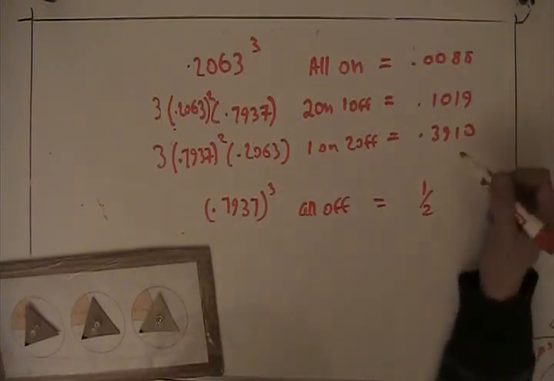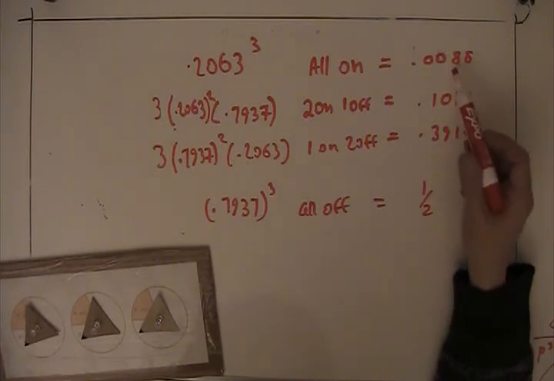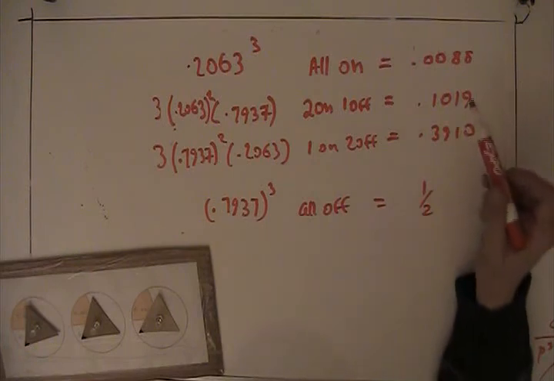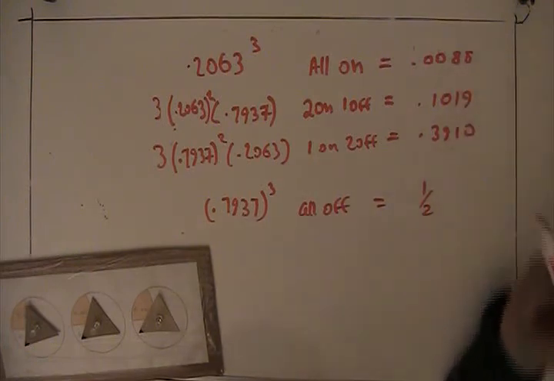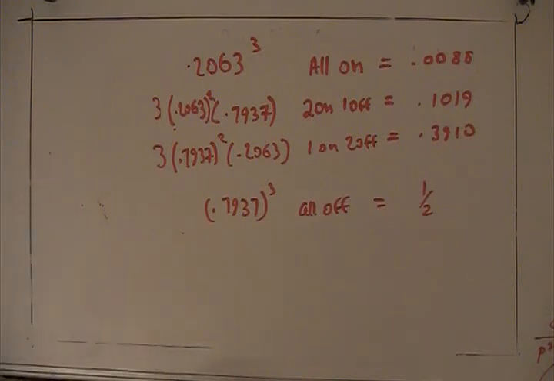Our chances of 1 on, 2 off is roughly 39.1%. The chances of 2 on, 1 off is roughly 10.2%. The chances of all on is very teeny, as you can see. What is that, 1/10 of a percent? Close to 1%.